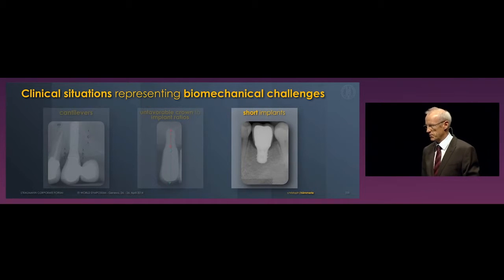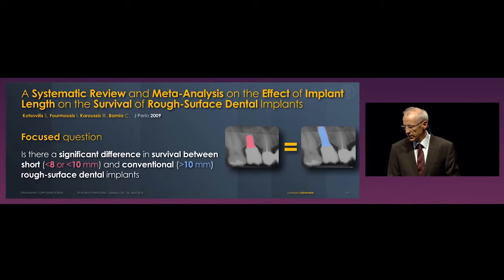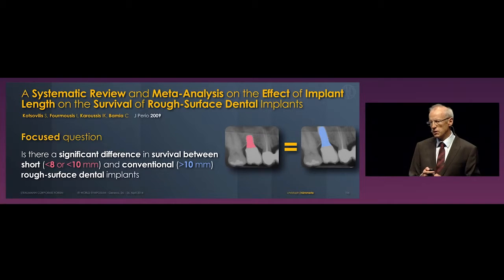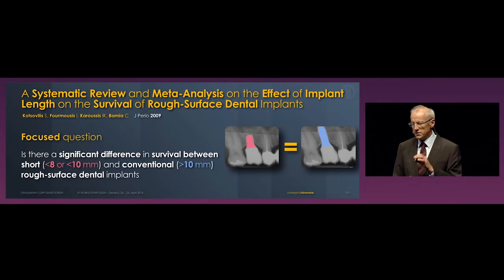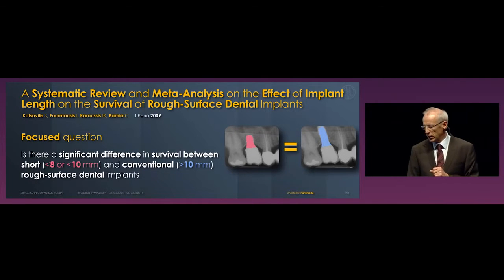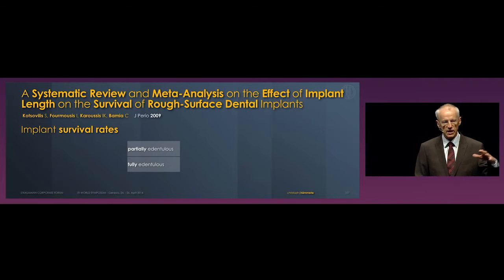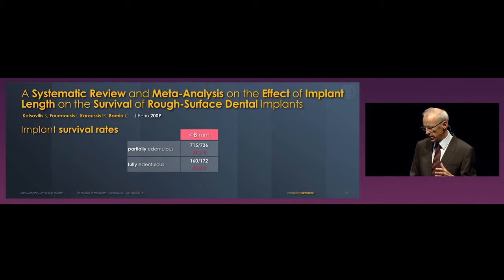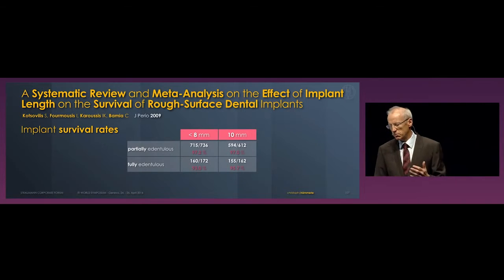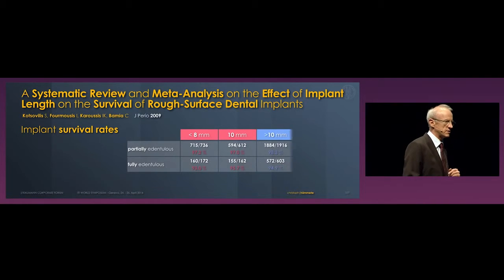Short implants, the next topic. Kotsovilis did a systematic review. The focus question was, is there a significant difference in survival between short, and they said less than 8 or less than 10, and conventional, more than 10 millimeter rough surface dental implants?